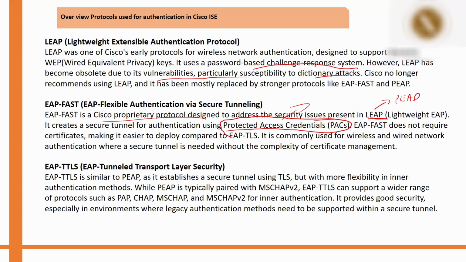As I talked about, the identity and the encryption of the data is done by exchanging certificates. Similarly, there is one more way of identifying the other party in the network, through PACs, protected access credentials.